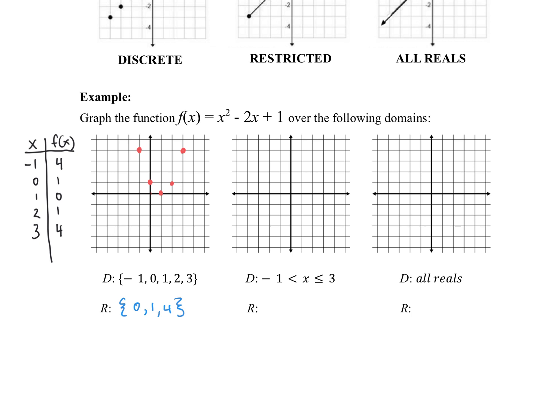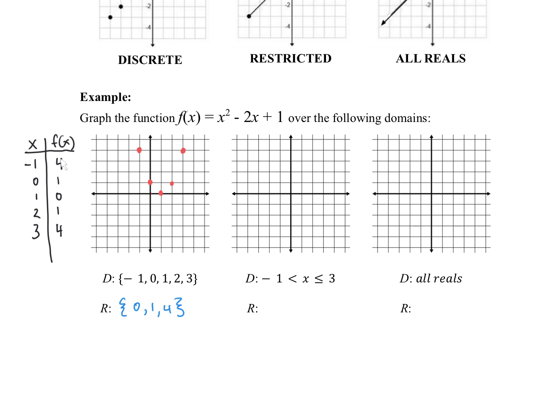Okay, how does this change if I'm given a restricted domain? So this is a restricted domain right here. This is what it would look like. Notice it still, in this case, goes from -1 to 3. And I know one thing you're thinking, Mr. Burke, that is a less than, not a less than or equal to.